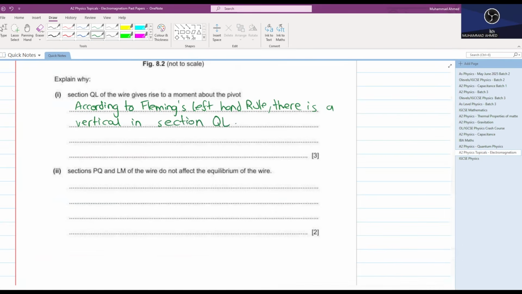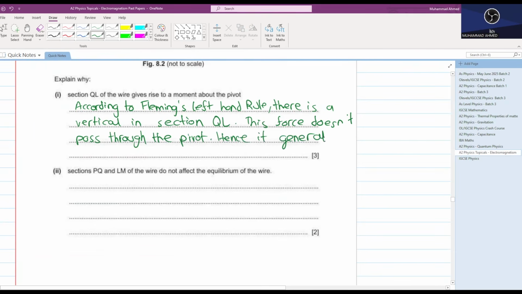And this force does not pass through the pivot. Hence, it generates what? It generates a moment. Simple as that.